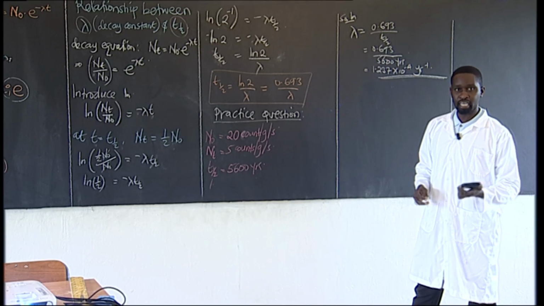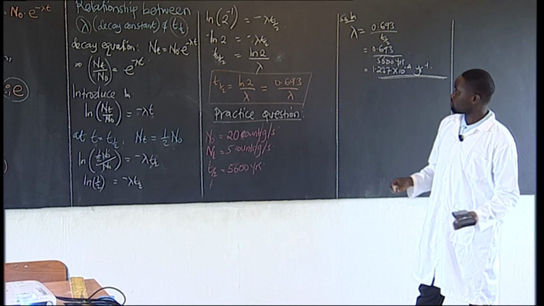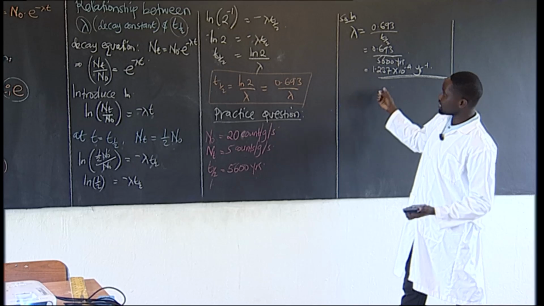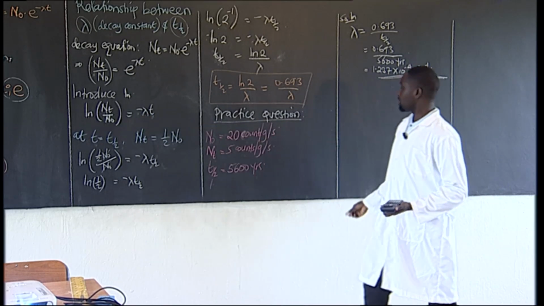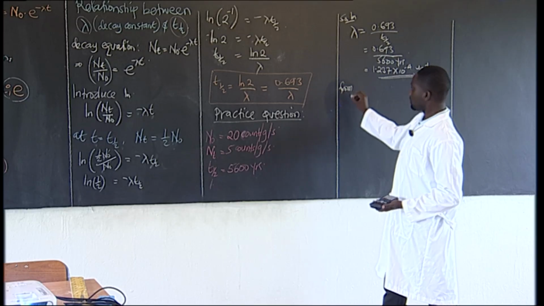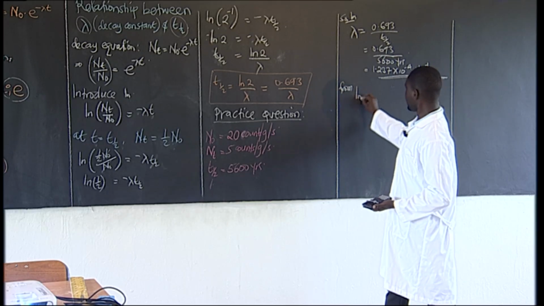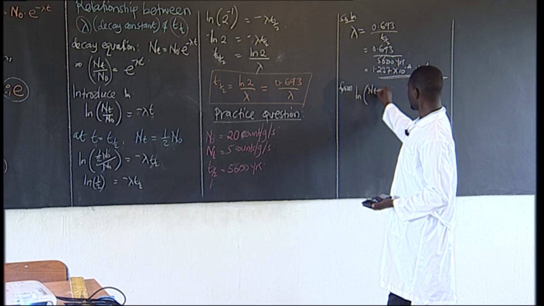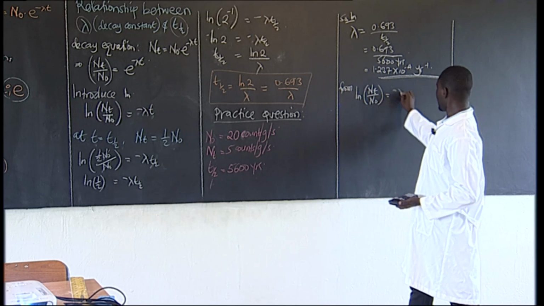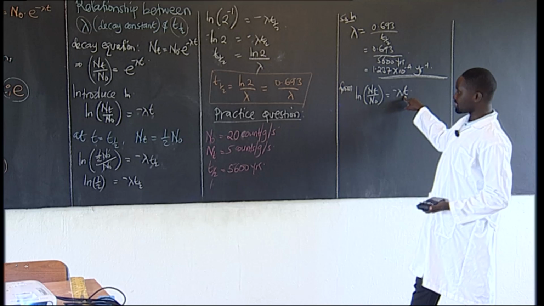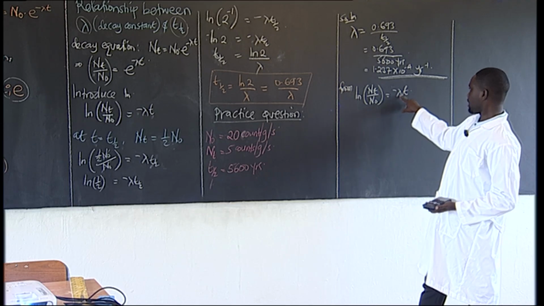So we are to determine the time or the age of the wood. In this case, we can use ln(Nt/N0) = -λt. Our emphasis is on getting t. We have the rest.